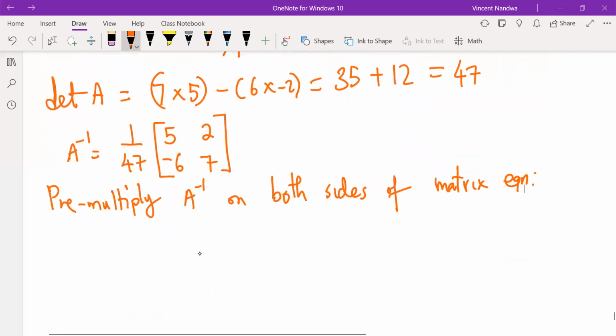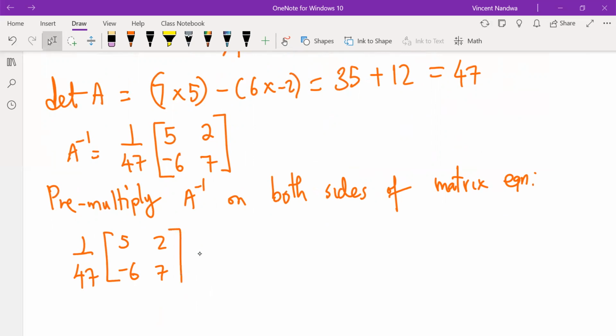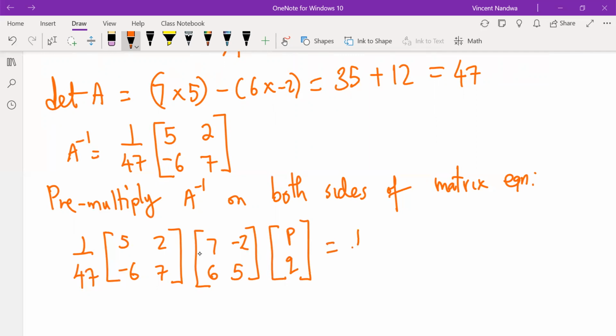So here we have 1/47 into 5, 2, minus 6, 7, multiplied by 7, minus 2, 6, 5, then P, Q. Pre-multiply means you start with the inverse, so 1/47, 5, 2, minus 6, 7, 26, 29.